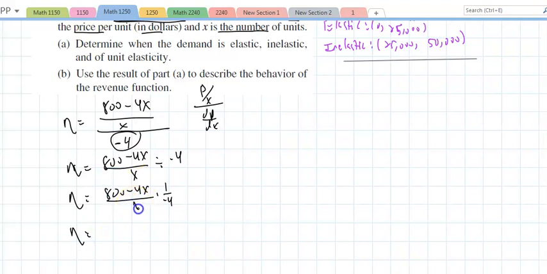That's going to be 800 minus 4x over negative 4x. If I put an absolute value on it and split that up, wouldn't that be 800 over negative 4x minus 1?